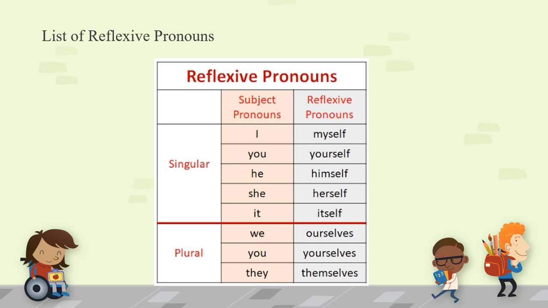You can see the pattern. Let's read it out. I, myself, you, yourself, he, himself, she, herself, it, itself. When the subject is plural, we, the reflexive pronouns are ourselves, you, yourselves, they, themselves. Hope it would be very easy for you to memorize the table.